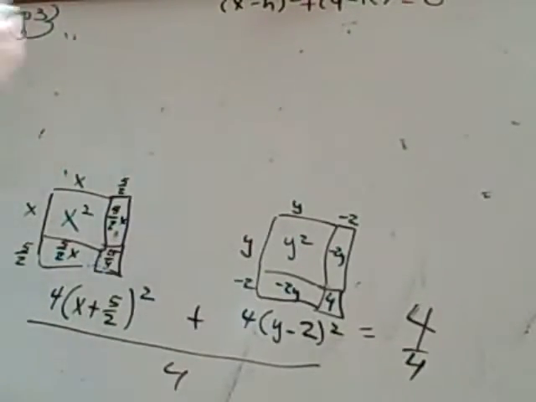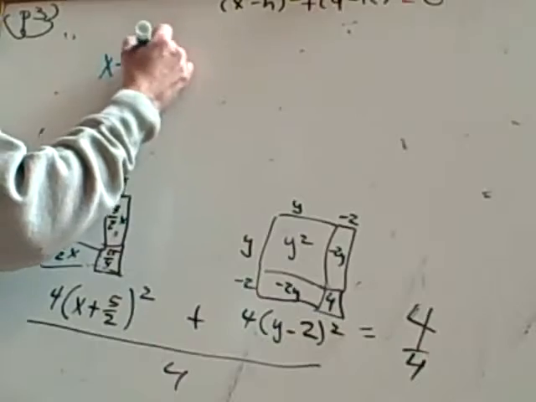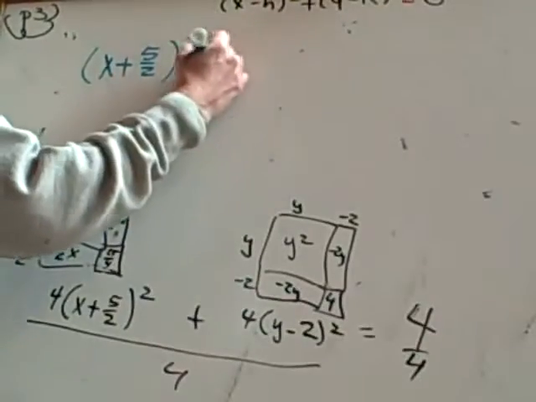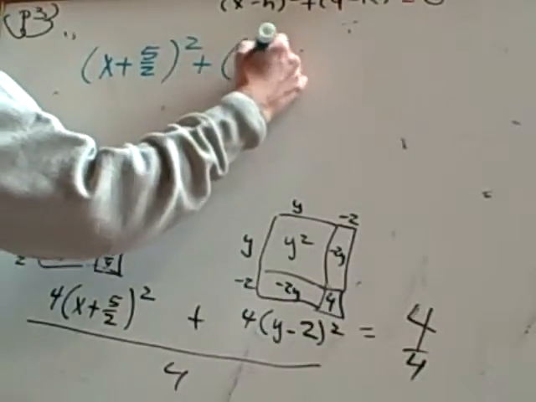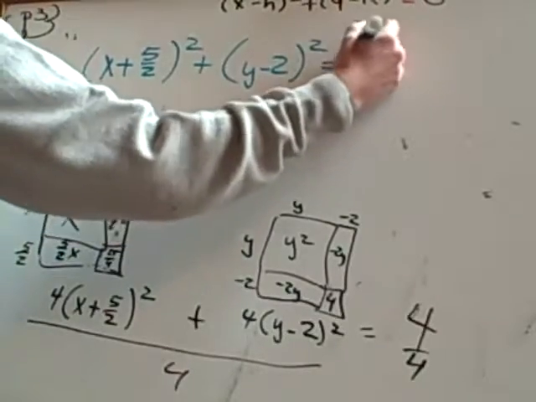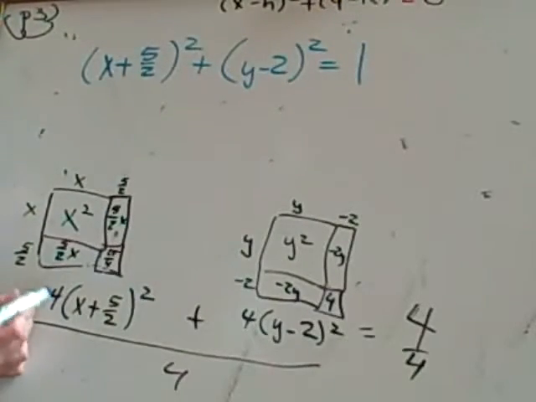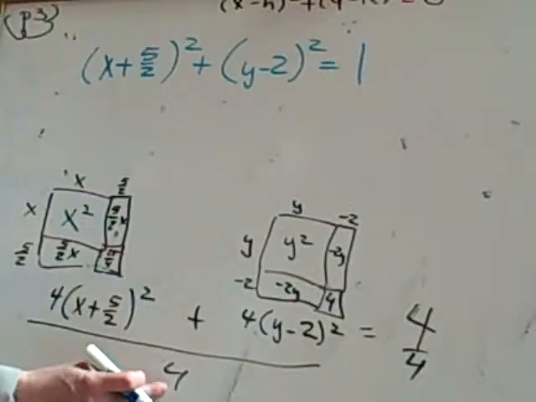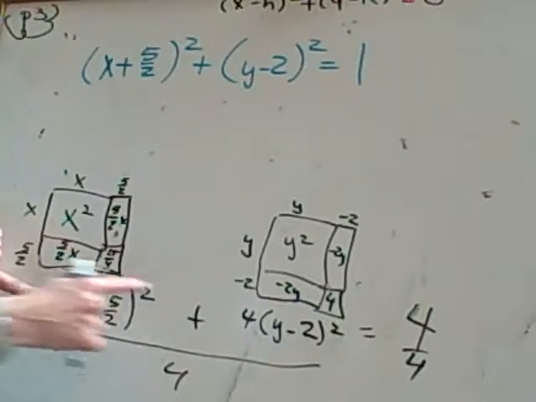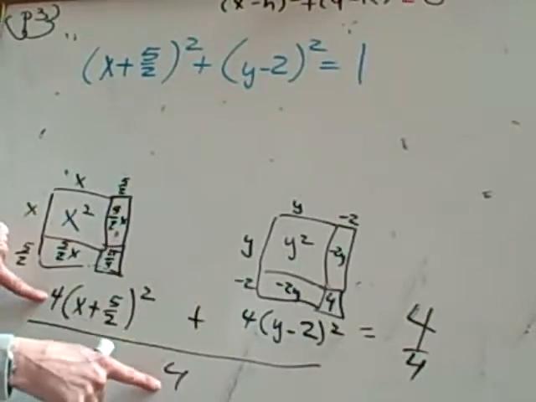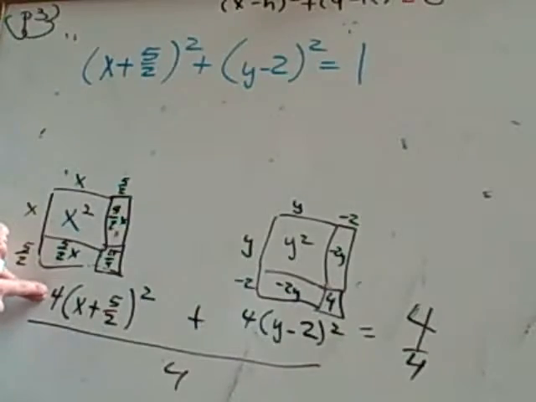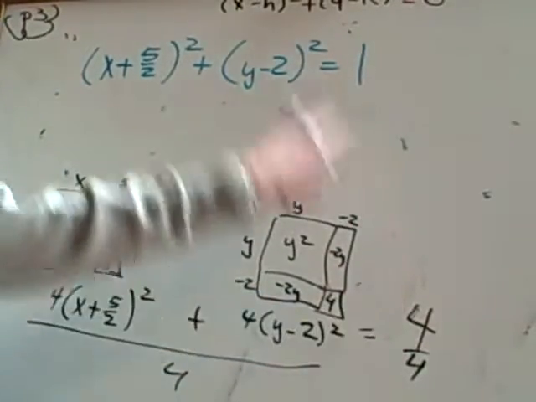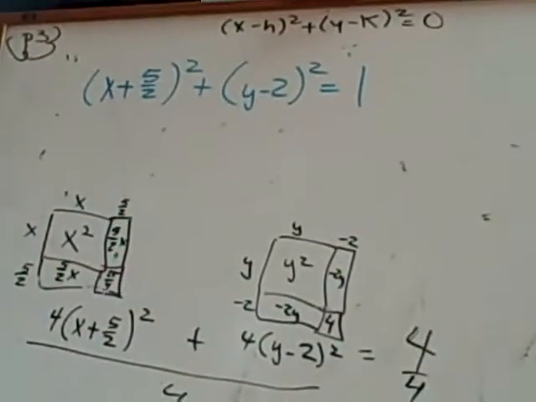We'll rewrite it as x plus 5 halves quantity squared plus y minus 2 quantity squared equals 1. Because these both have a 4 and this has a 4, so all those will cancel, and then 4 over 4 is 1. So that's going to be your final answer there.